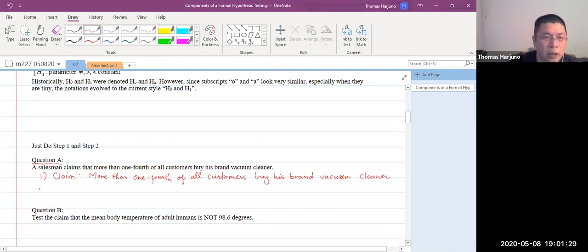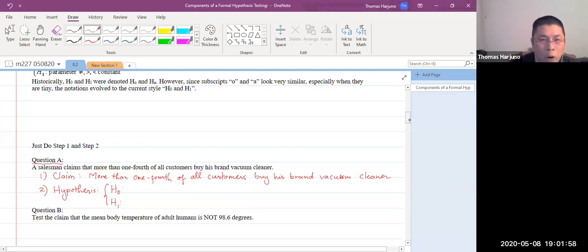Now then, in step 2, when it comes to hypothesis, you have to write it this way: null hypothesis and then alternate hypothesis. We write them on top of each other. Now, I want you to put on your thinking cap.